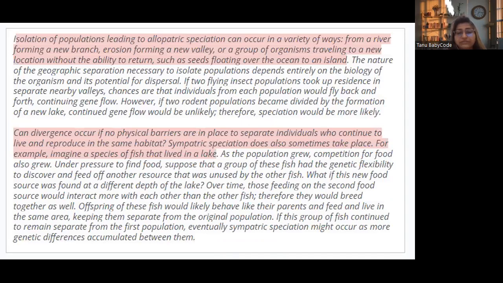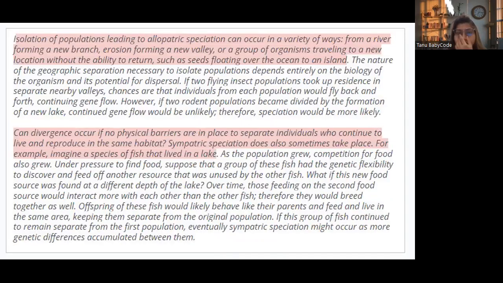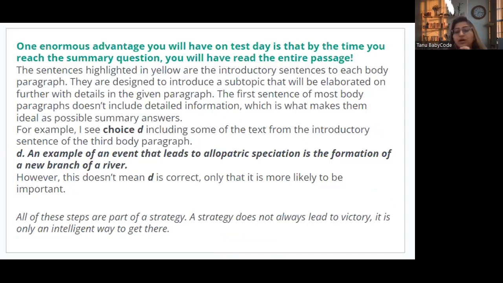Once you complete reading this passage, you can have a look at it. One advantage you have on test day is that by the time you read the summary question, you will have read the entire passage.